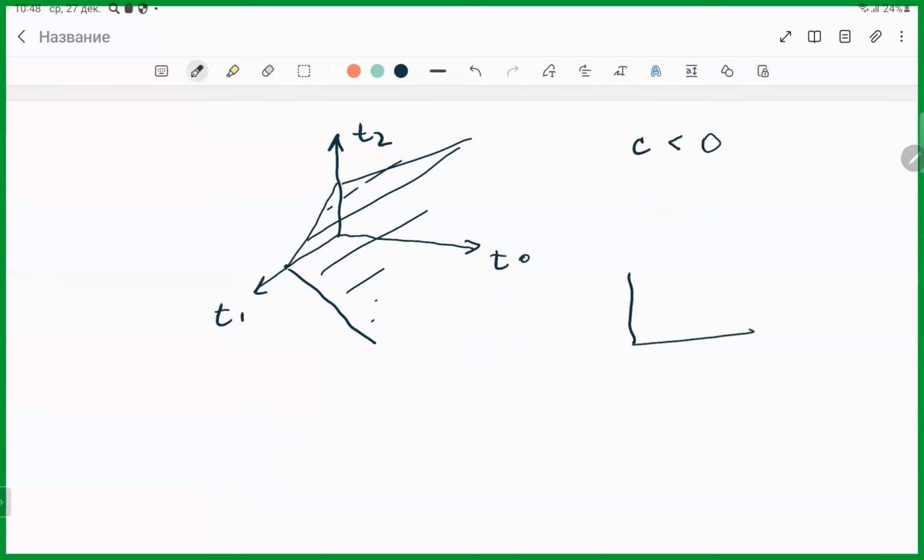However, for c being positive, the figure would be not that interesting. This is definitely a product of two rays.